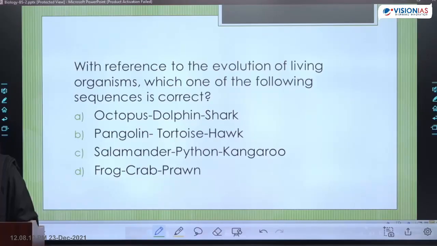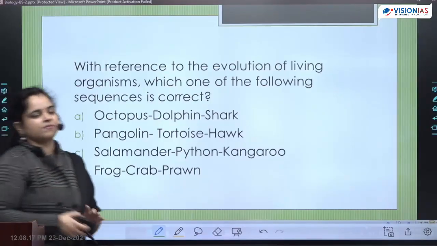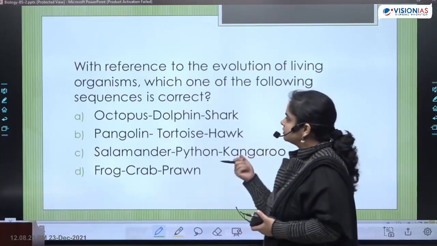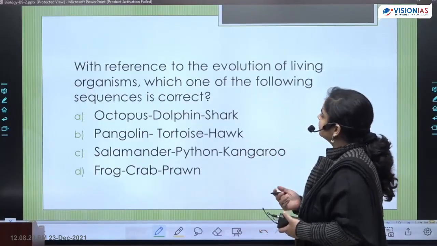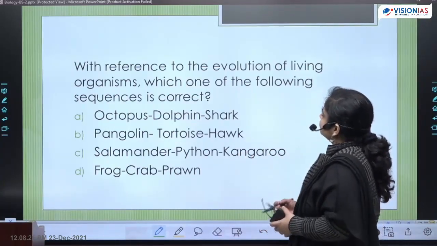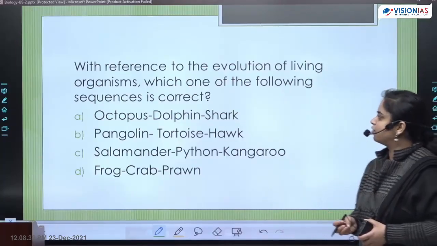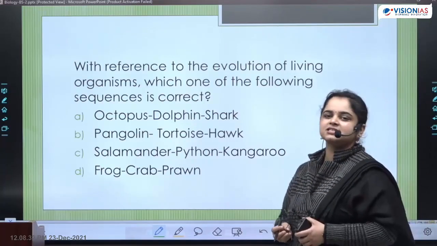Okay, online also the answers which are coming are C. Let's see the examples. If you have any of these examples which are new, you should make an effort to write them down. With reference to the evolution of living organisms, which one of the following sequences is correct?